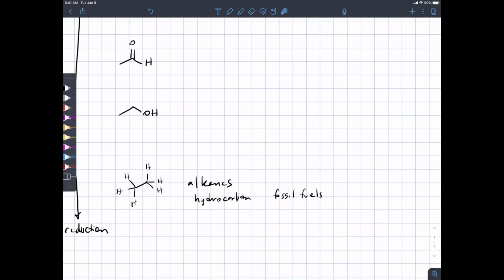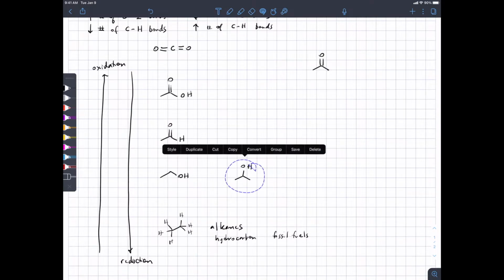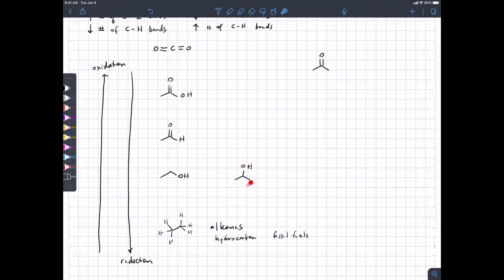Go up. I noticed you left those two out to the side. Which would be more oxidized, the OH with the hydrogen or the OH with the extra carbon? What about increased carbon-carbon bonds? You would say that this probably is more oxidized.